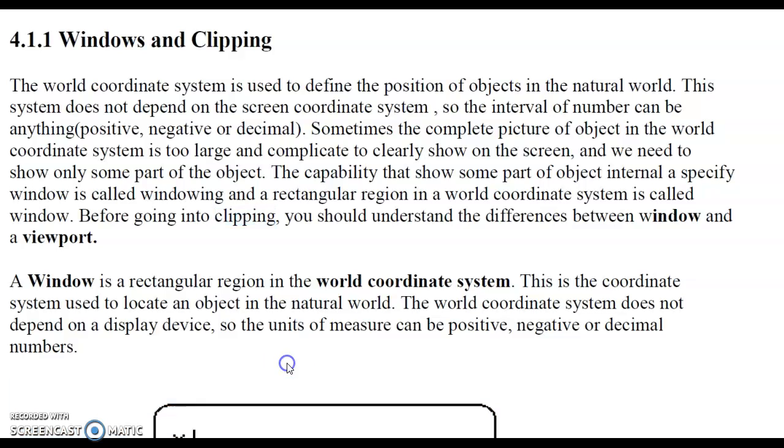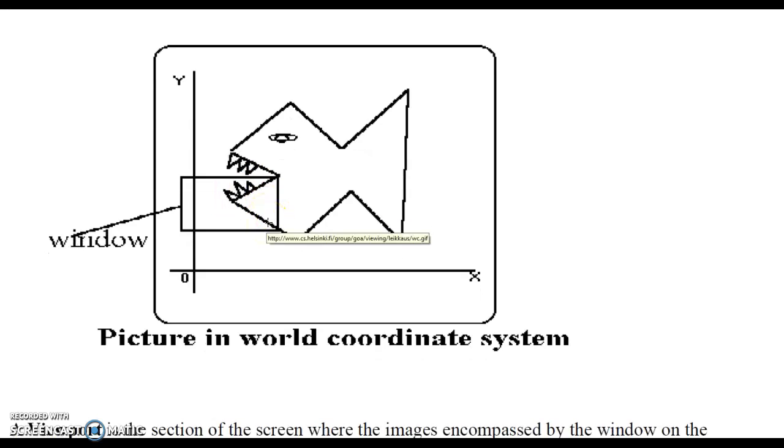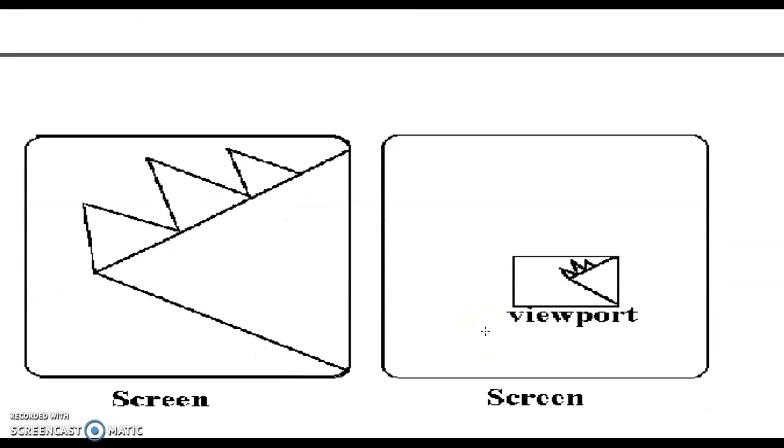So we'll see it properly with an example. Think of this as the entire screen, and this image is there in the x and y coordinates. Now let us select a window. See, this is the window. After this window is selected, a viewport is a section of the screen where the image compressed by the window, or the world coordinate system, will be drawn. After cutting, the window will be like this.